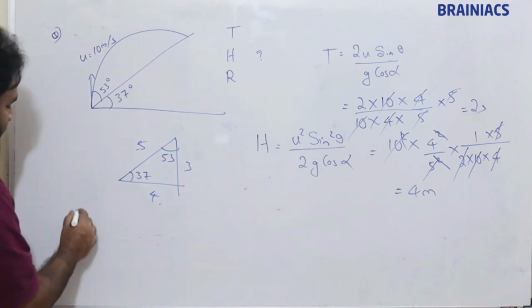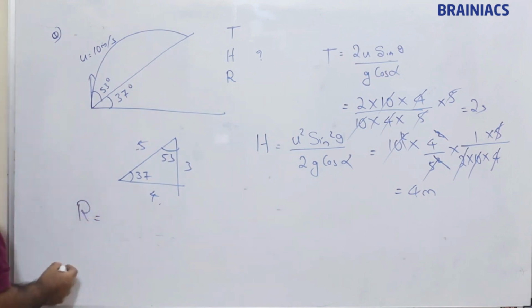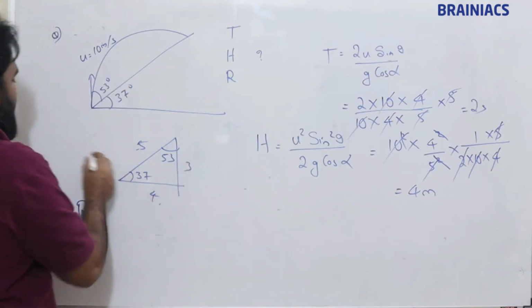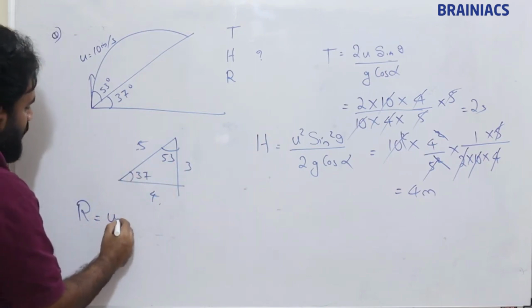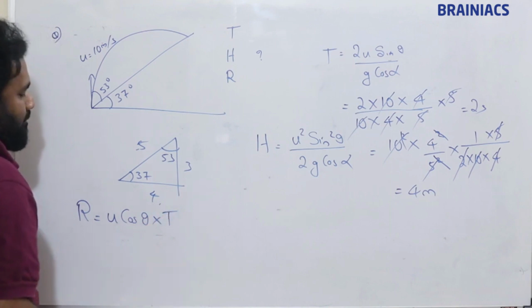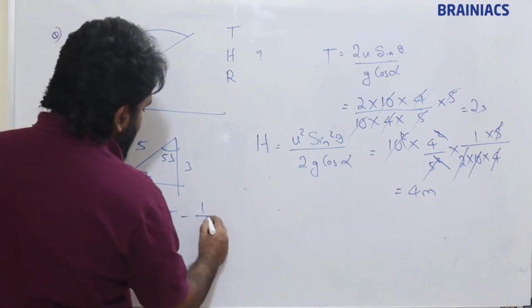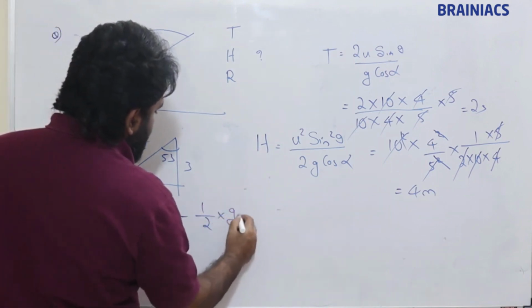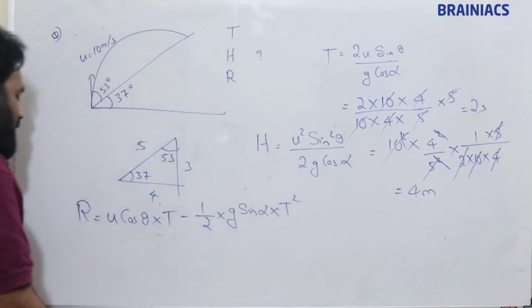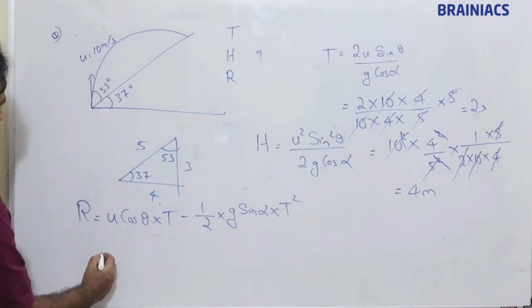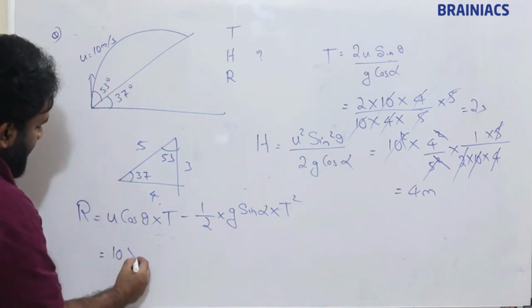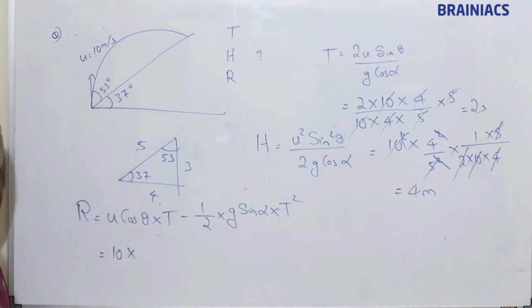Next thing is range. So range is again s is equal to ut plus half at square. So u cos theta into the time of flight minus half into g sine alpha into t square. What is u cos theta? This is 10 cos theta, cos theta is cos 53.